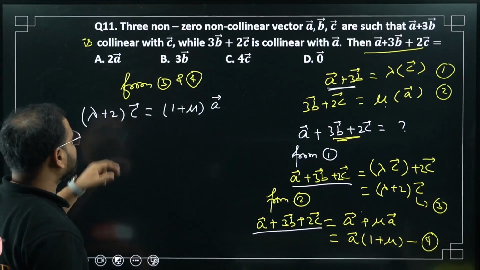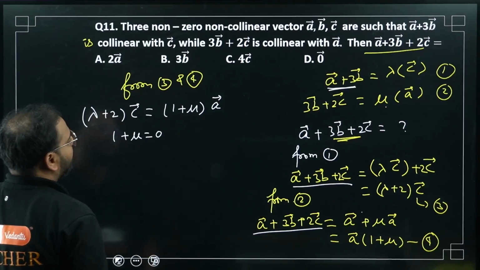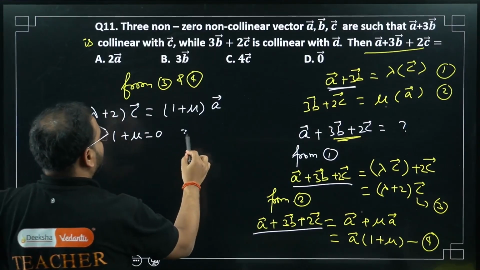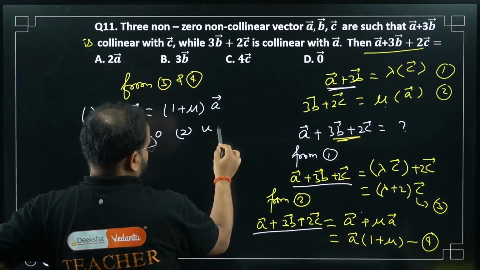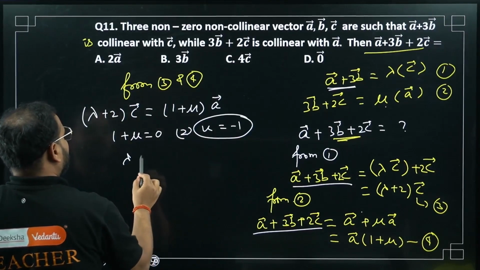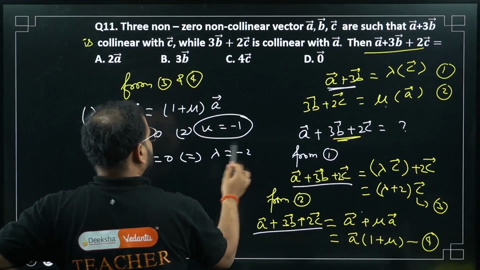No. It means 1 plus mu has to be 0, because there is no A on this side, so we compare the coefficients. 1 plus mu equals 0 means mu is simply minus 1. In the same way, lambda plus 2 is also equal to 0, so lambda equals minus 2.